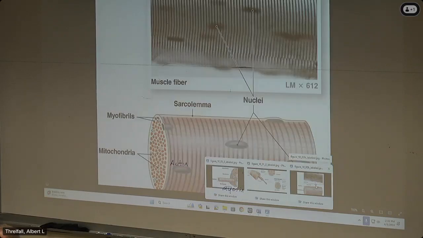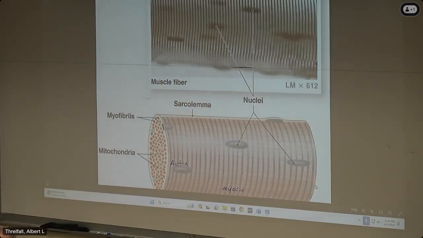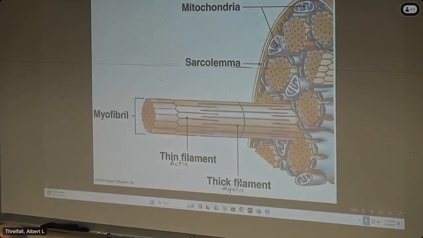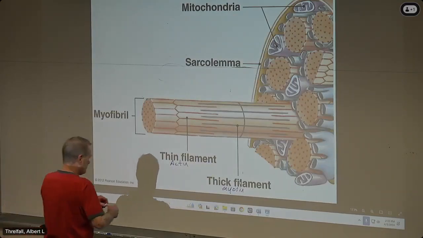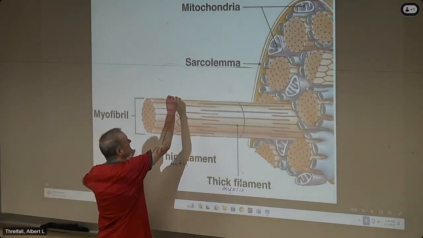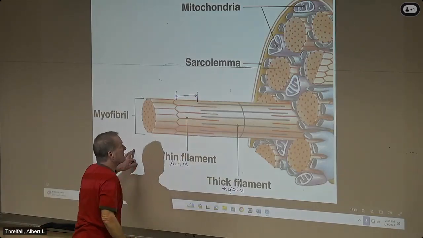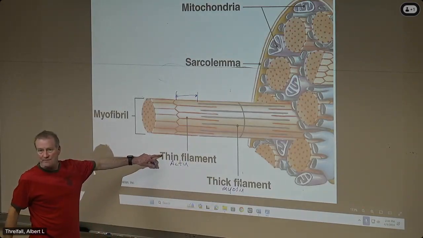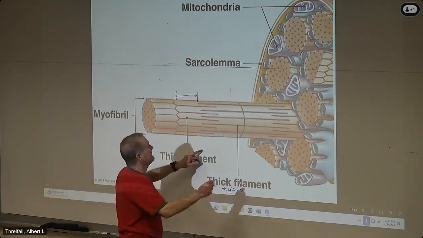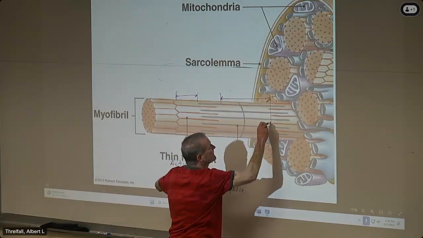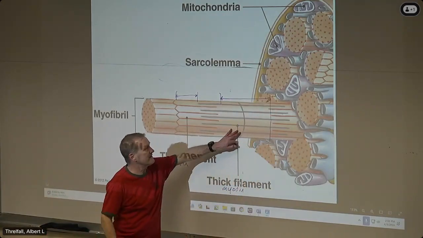One more time, we've got those striations. They're not really there. So why do we see them? Well, notice that we have an area like this where we have just the thin filaments. And we have an area like this where we have just the thick filaments.